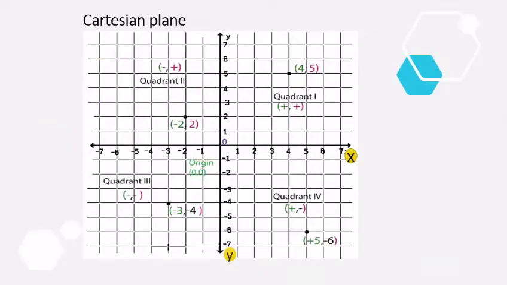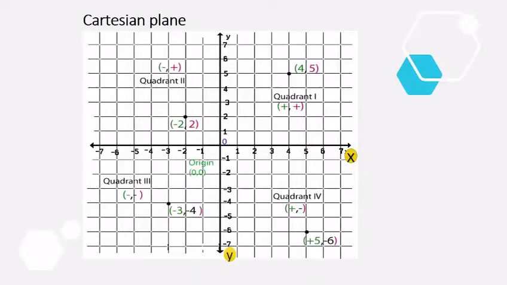Here I am giving you an example of a Cartesian plane. You can see two perpendicular lines. The horizontal line is marked as X and the vertical line is marked as Y. You can see these two lines meet at a point O. We count the rows and columns from this meeting point, which is called origin.